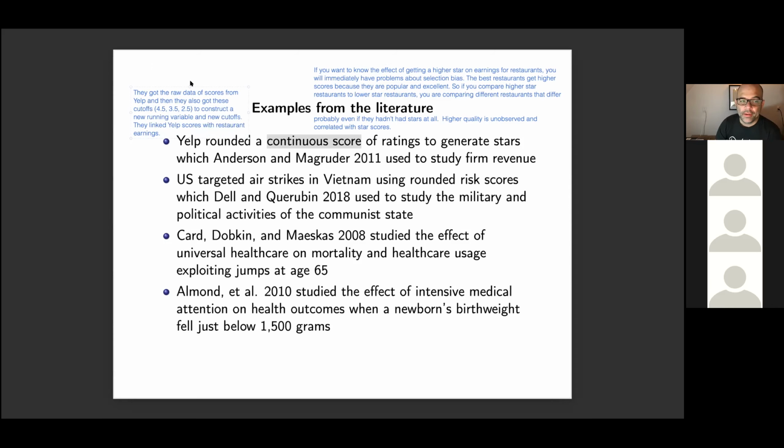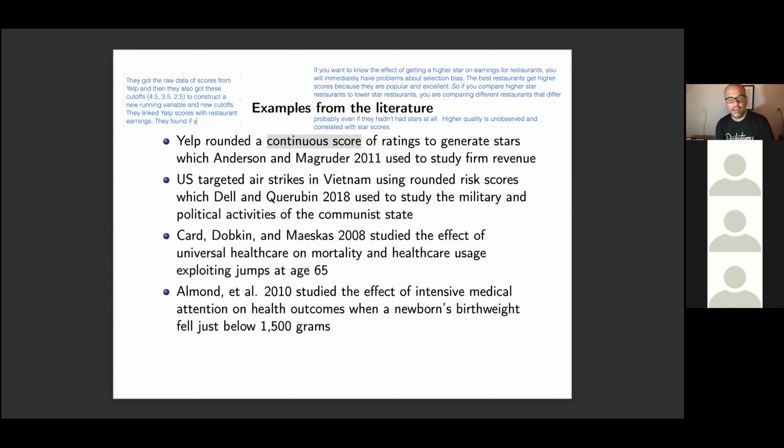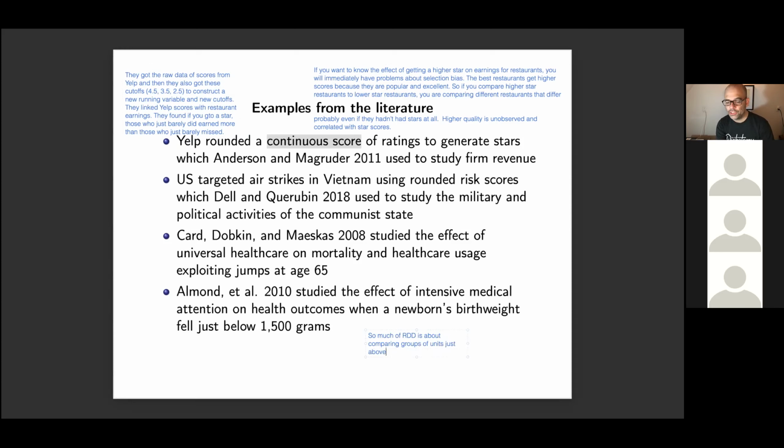They found if you got a star, those who just barely did earned more than those who just barely missed. So much of RDD is about comparing groups of units just above the cutoff to those just below, right?